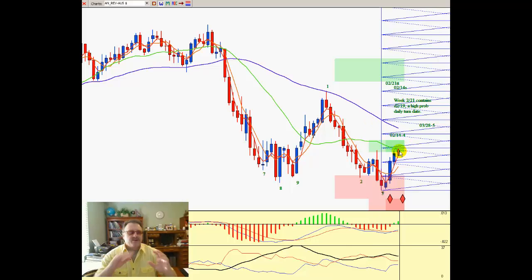Now when I say I'm expecting a weekly swing top at this time for this week, the thing you need to learn about analysis of cycle turns is that you might expect a particular price bar to be a top, and you calculate ahead of time that it's going to be a top.